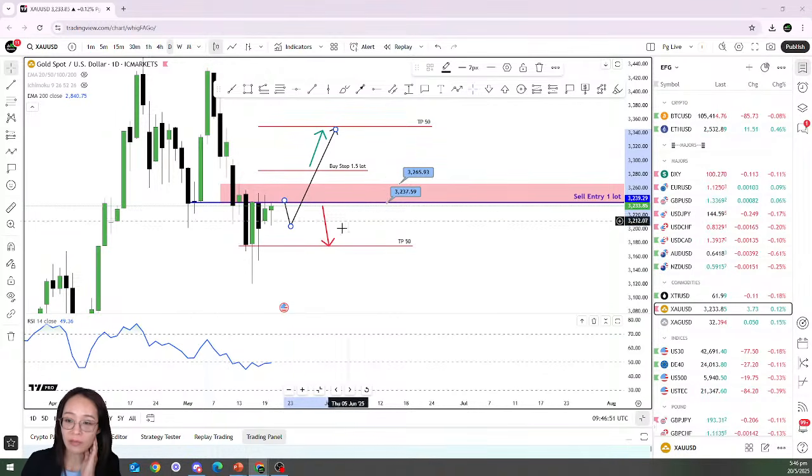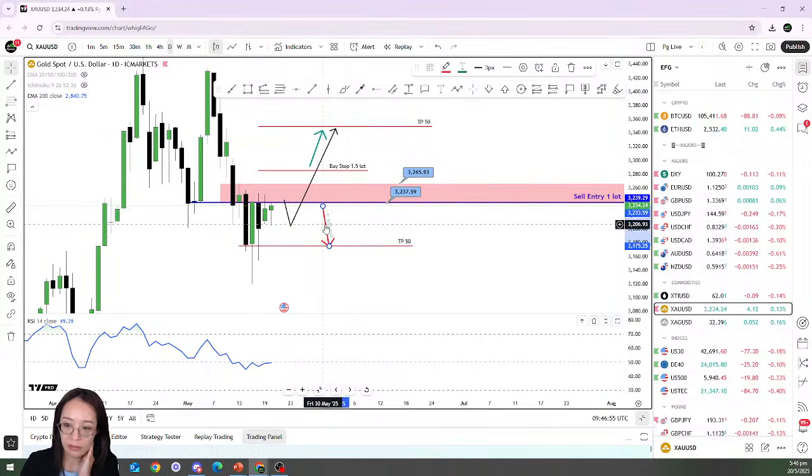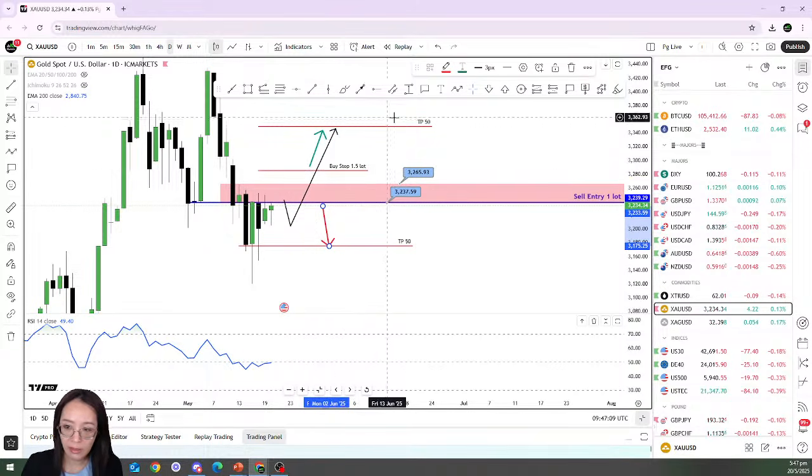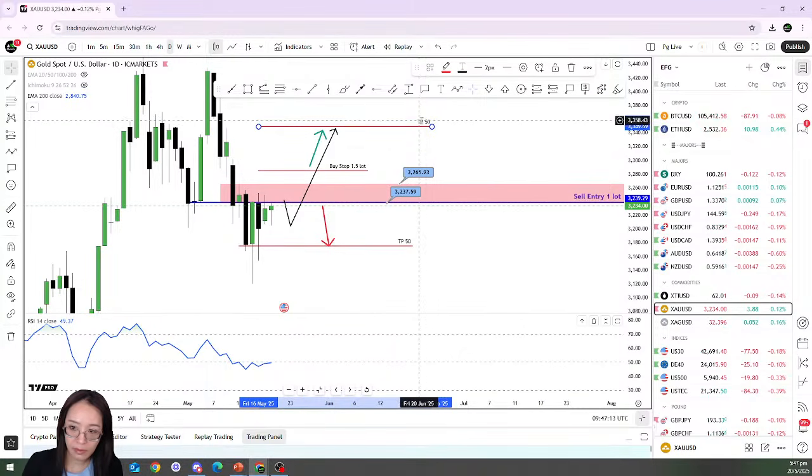Okay, for example, if I sell here at like 2337.5 at one lot, and price falls, but I didn't close, and then price rises and triggers my buy stop at 1.5 lot and hits my take profit here at 50 pip.